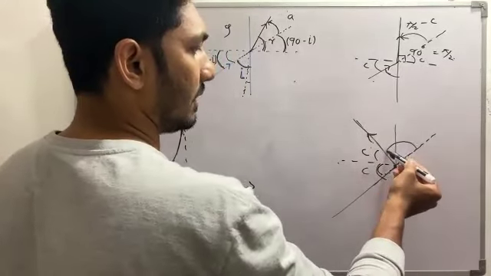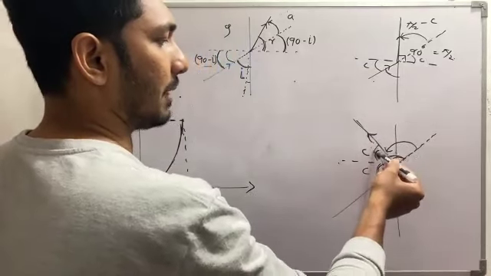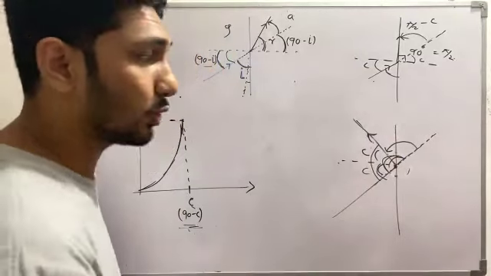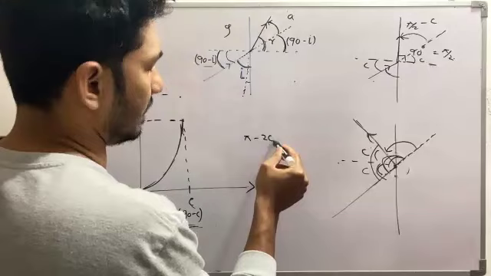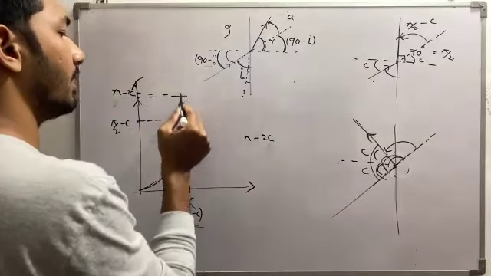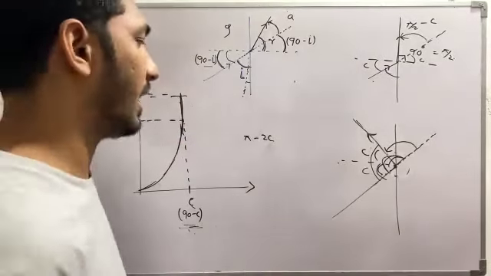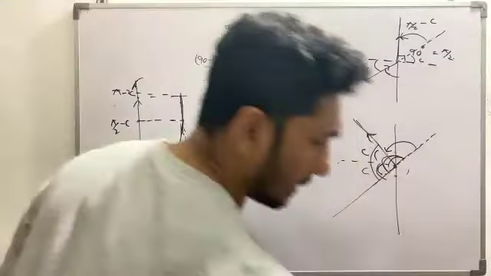So deviation is actually this. So this total is 180. If you subtract 2 C's, it will be pi minus 2C. So this will be pi minus 2C. Immediately go here. Now after that, for any angle, it will undergo total internal reflection.